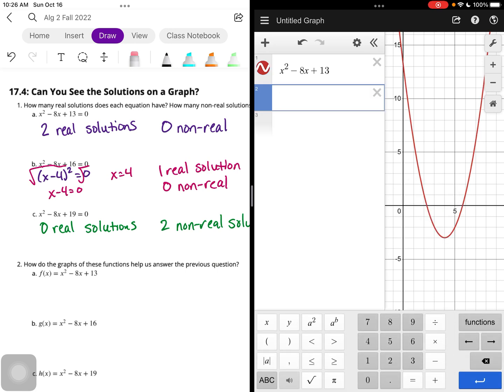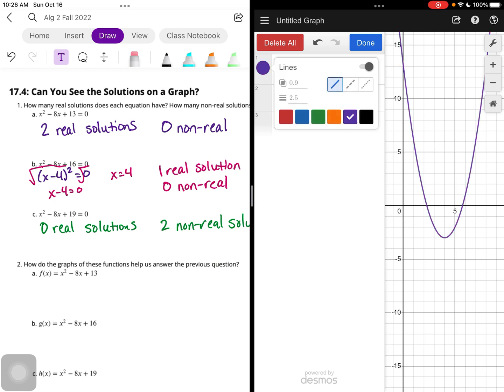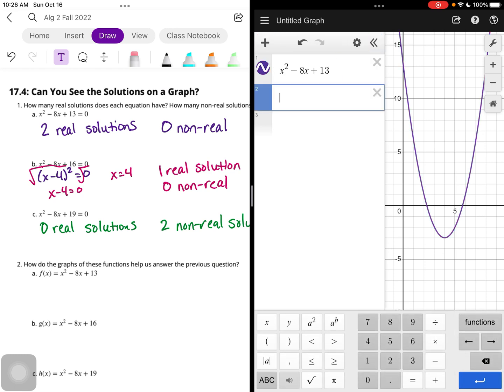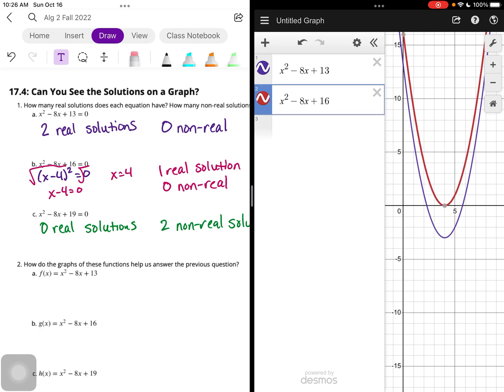Now let's take a look at, I'm going to make that purple so it matches. And then we'll take a look at x squared minus 8x plus 16. And that one was pink. Red is close enough. All right, and so you can see that intersects in just one place.